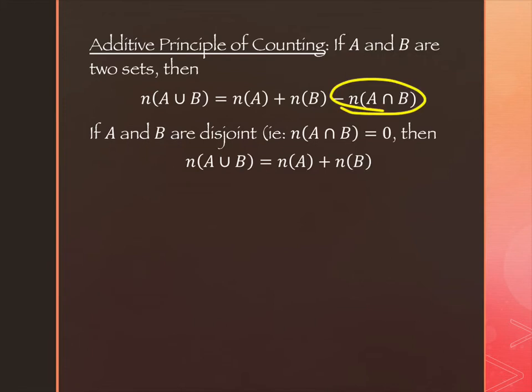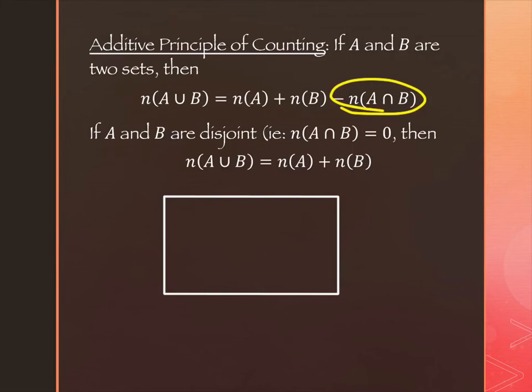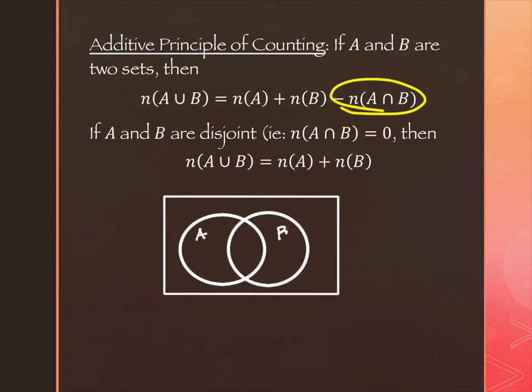We saw this in chapter 2, and let me remind you with a Venn diagram. In chapter 2, we had sets, and sometimes our sets overlapped, like this. Imagine the left one's set A and the right one's set B. If I were to count everything inside set A, it'd be everything I just highlighted in yellow.